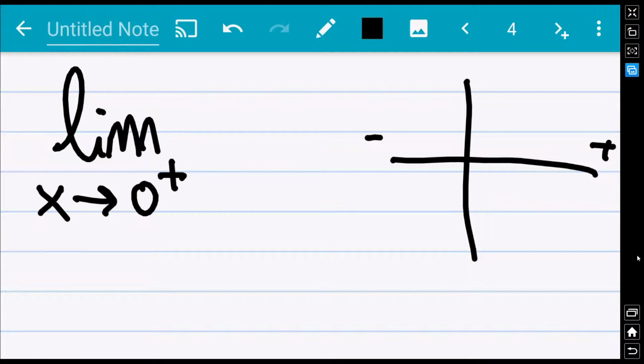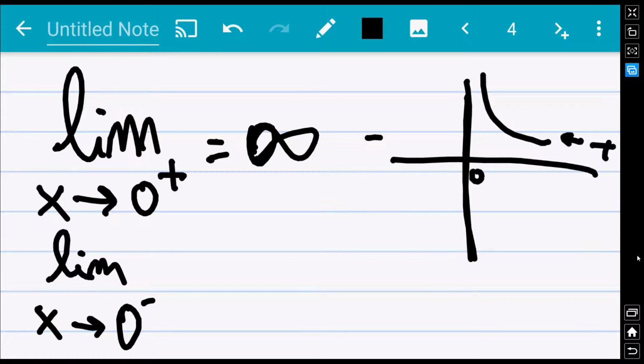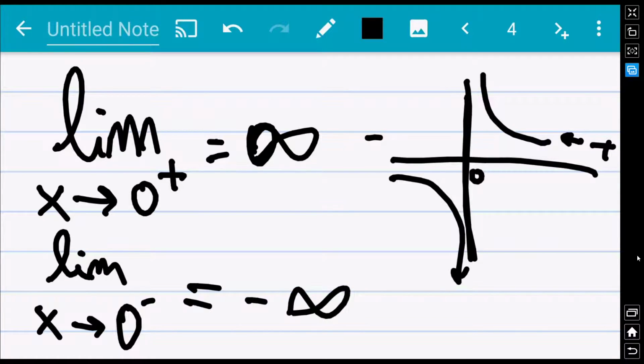So the limit as x approaches 0 from the right, and this is 0 over there, this y-axis is 0, then it goes to infinity. Oops, that is supposed to be infinity. Now, limit as x approaches 0 from the left, what is that? It's going towards negative infinity. We can see it in the graph.